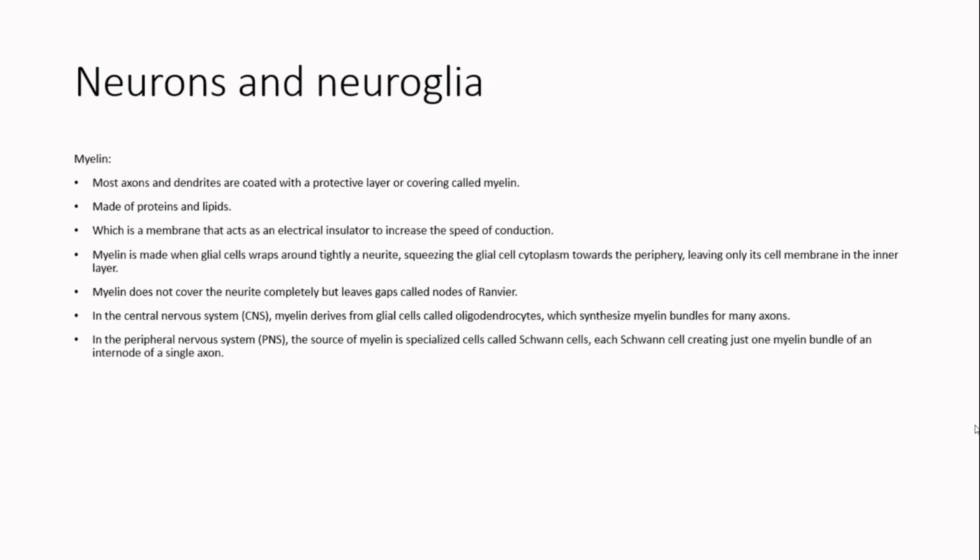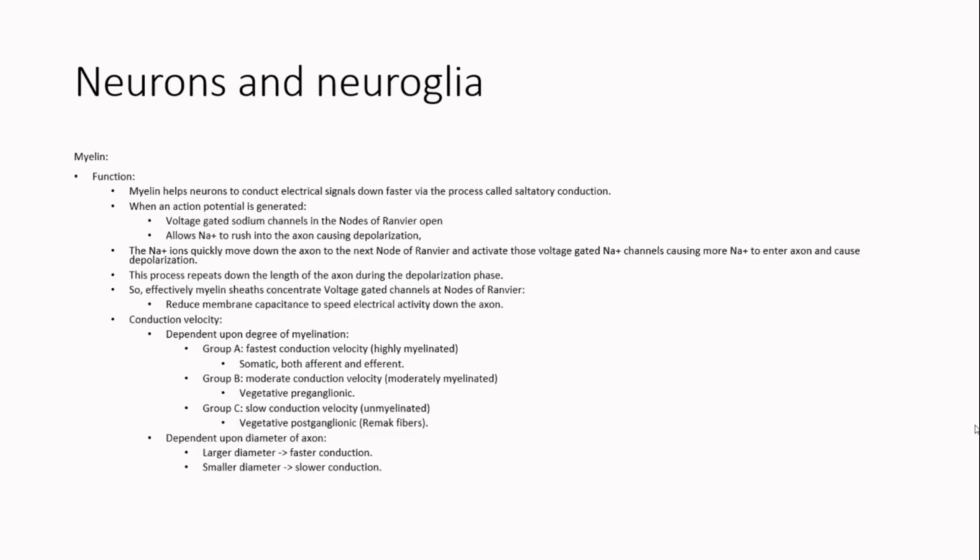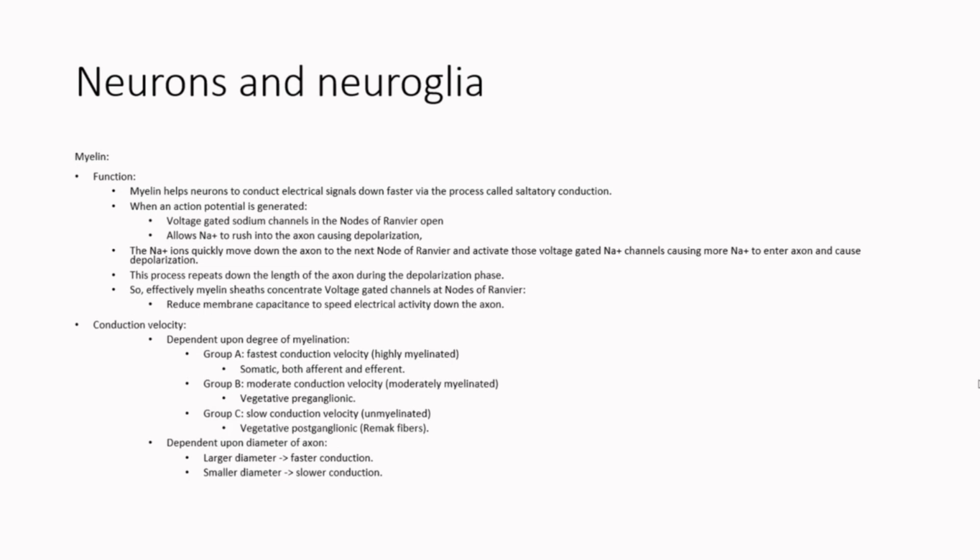We're going to talk about the nodes of Ranvier, but in the CNS we have the oligodendrocytes, which synthesize myelin, and they synthesize several myelin sheaths. But in the PNS we have the Schwann cells, which synthesize the myelin, and they can usually only do one at a time, compared to oligodendrocytes.